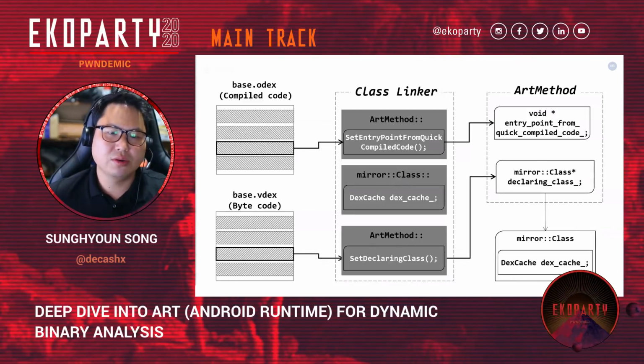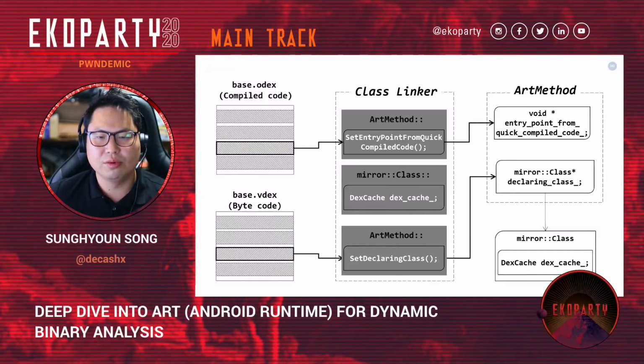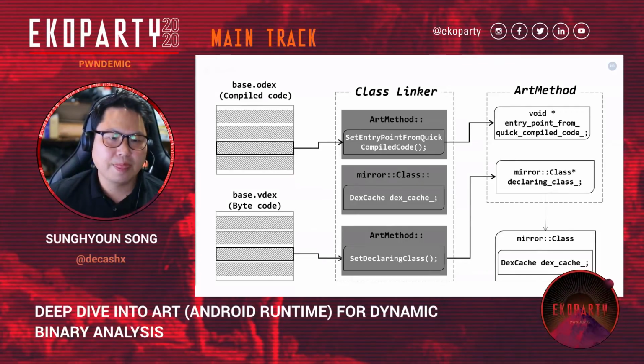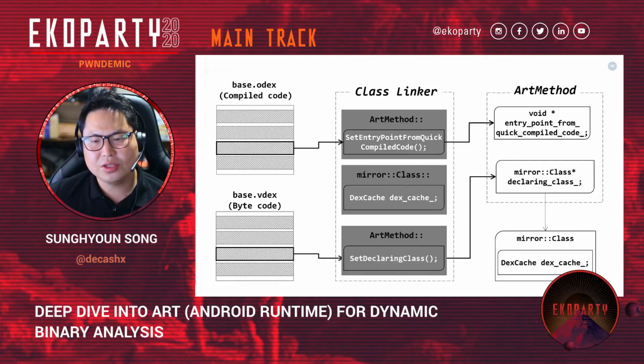The class linker calls the function SetEntryPointFromQuickCompiledCode to assign the address of AOT code to the entry point from quick compiled code variable of the ART method object. And by calling the SetDeclaringClass function, the DEX cache is assigned to the declaring class variable of the ART method object. Now we can call the bytecode through the DEX cache.